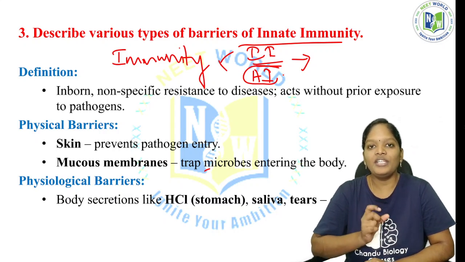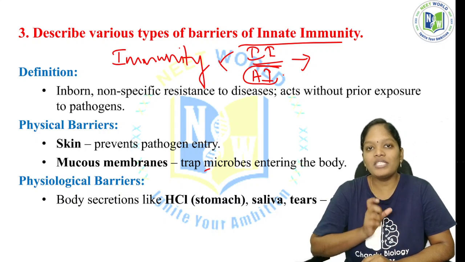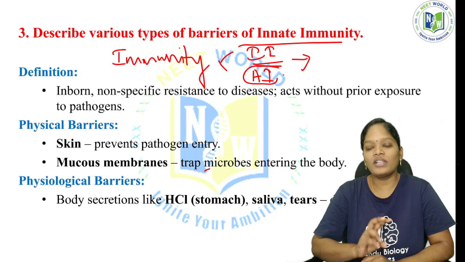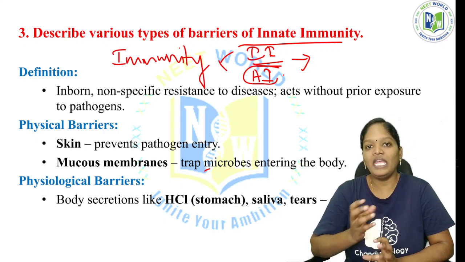Innate immunity is the immunity we have by birth. Adaptive immunity is acquired after we are born. This is the basic difference between them. Innate immunity is non-specific in nature, and adaptive immunity is specific in nature.